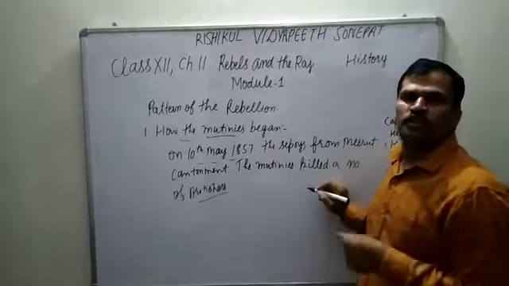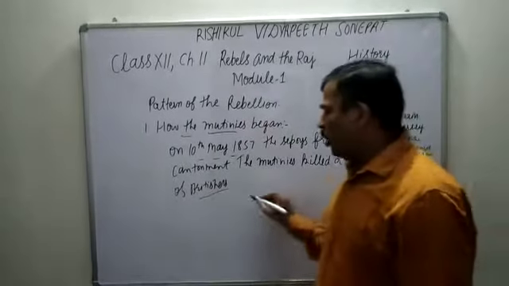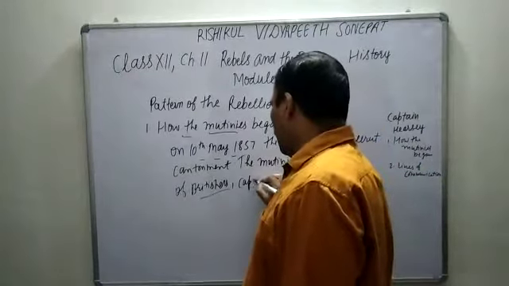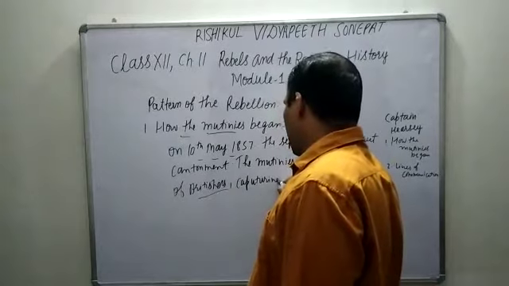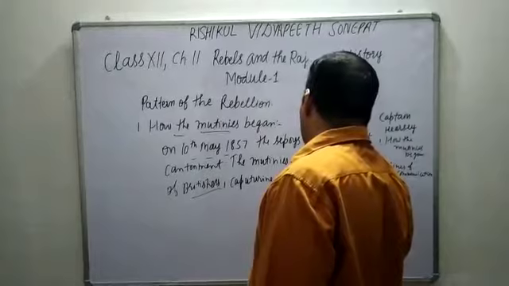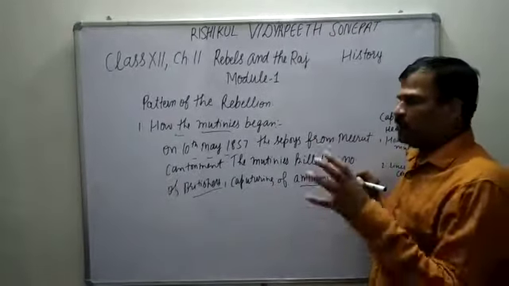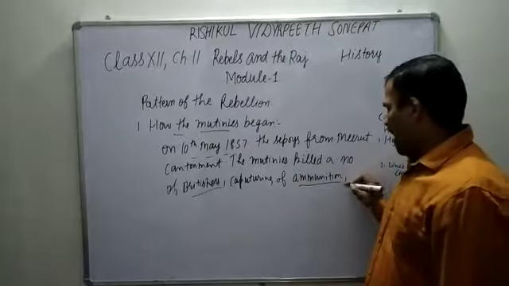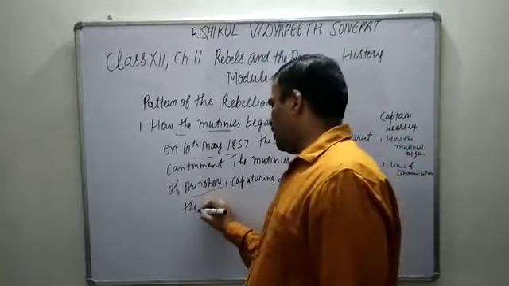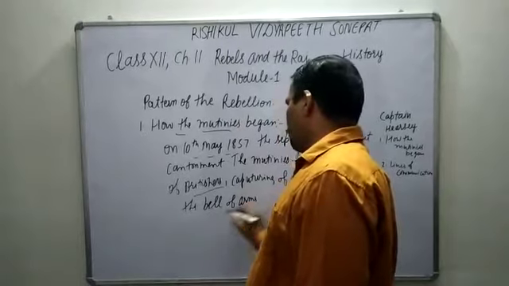They were looted. A number of people were killed. And most important was the capturing of ammunition. It means where the weapons and explosive materials are kept, and the bell of arms. It means a storehouse where the weapons are put.